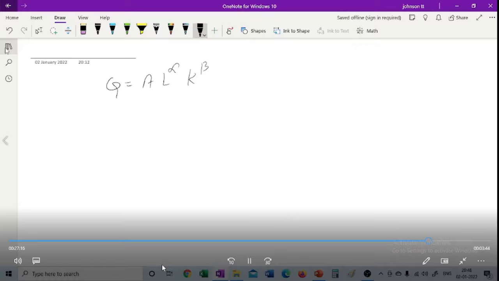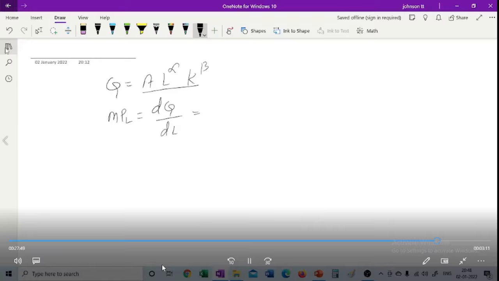See, what is marginal product of labor? We have to differentiate the output with respect to labor. That means marginal product of labor equals dQ by dL, the change in output with respect to a change in labor. Then that is equal to, when you differentiate this equation with respect to labor, what will you get?